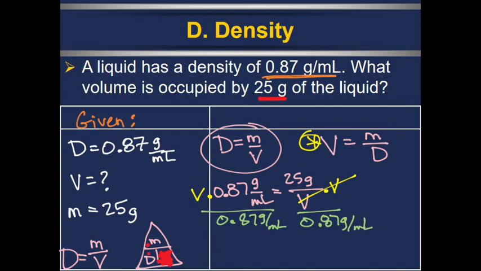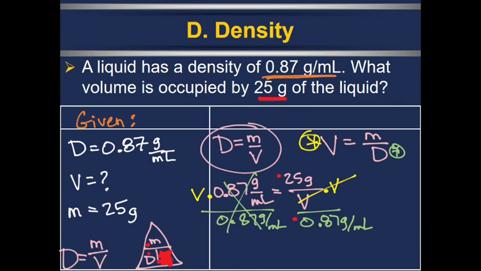That is how density gets into the denominator and volume is left over to the side. Because again, this would cancel now and you would have your 25 divided by 0.87, or mass over density.